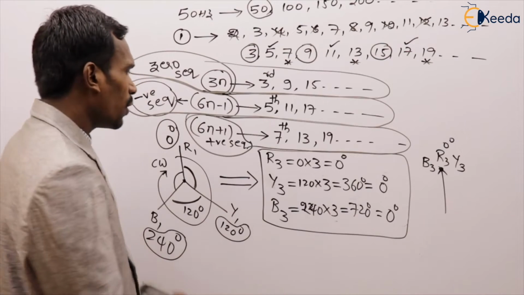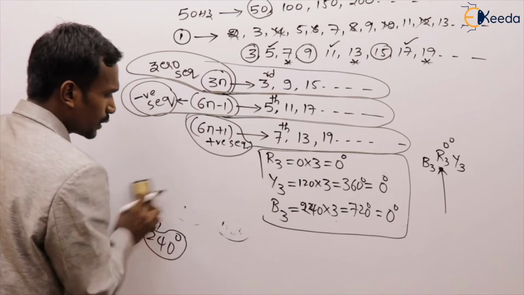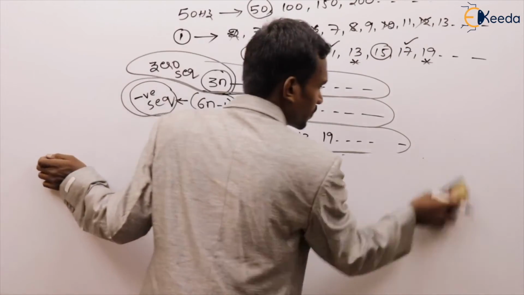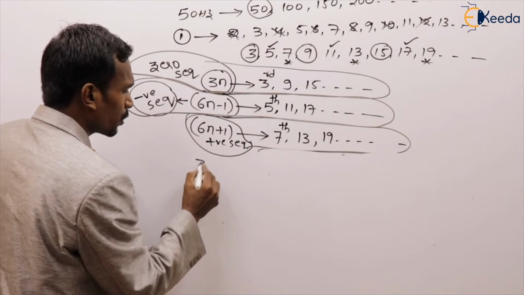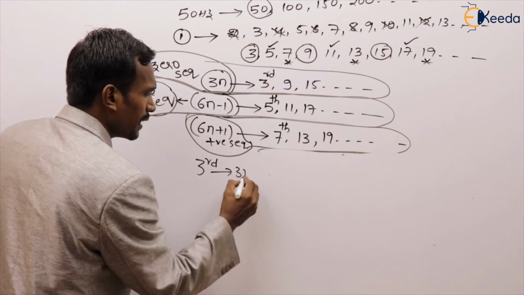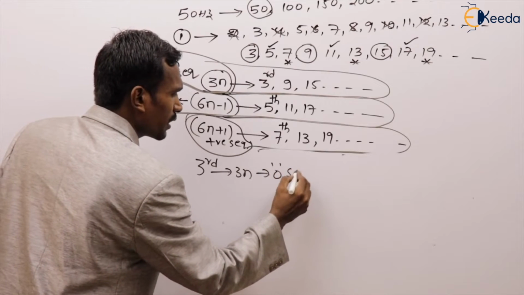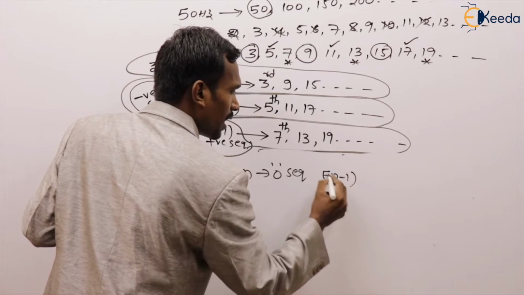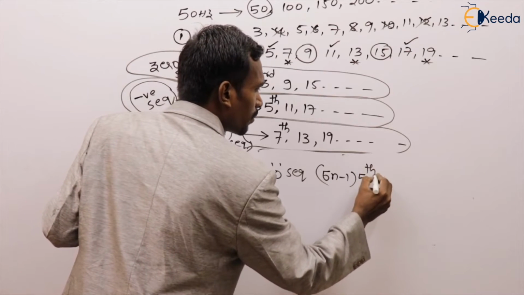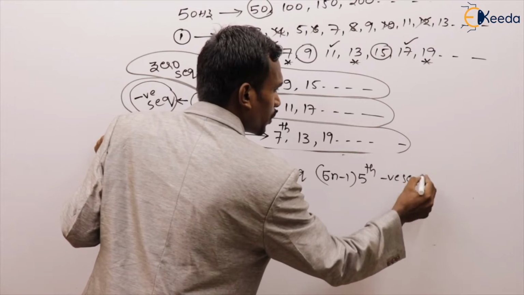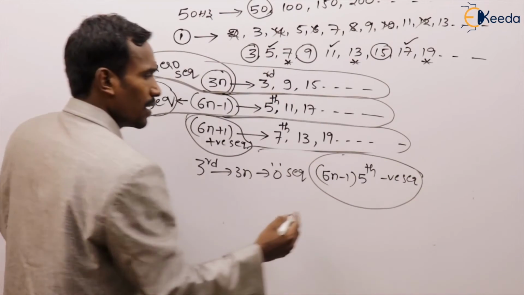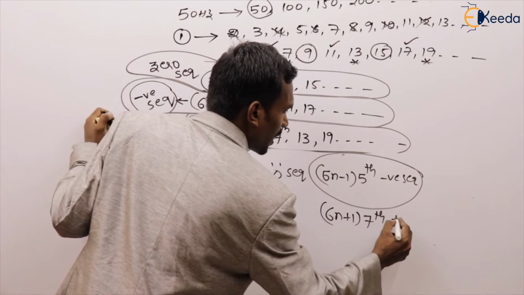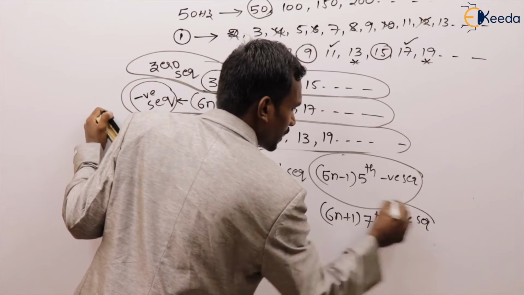So finally, the conclusion is: third group harmonics, the triple-n harmonics, are zero sequence harmonics. 6n minus 1 harmonics, the fifth group, are negative sequence harmonics. 6n plus 1 harmonics, the seventh group, are positive sequence harmonics.